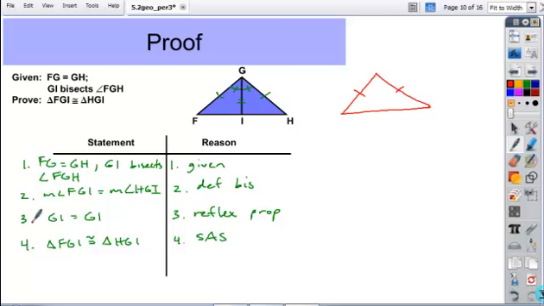So instead of this step 3, we could have had a separate step 3. Let's say we wanted to look at it without this pattern. We could have said in step 3 that angle F is equal to the measure of angle H. We've talked about a property.